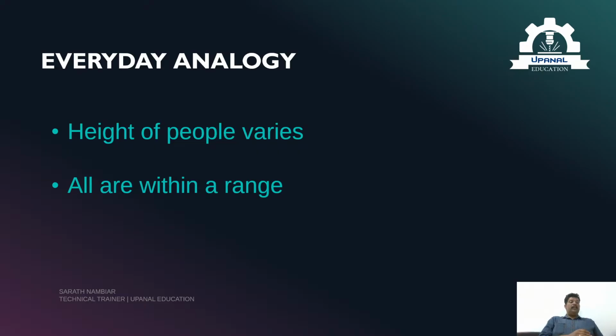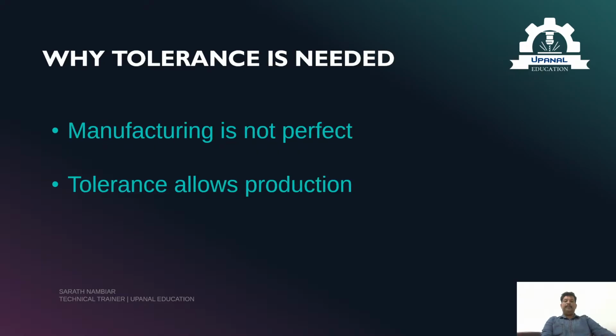All of them are within a reasonable range. So we will accept all of them, right? Tolerance in engineering works the same way. We don't always expect the exact size. We expect the size within an acceptable range.